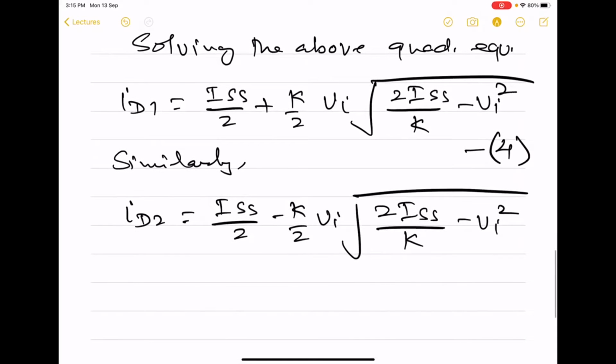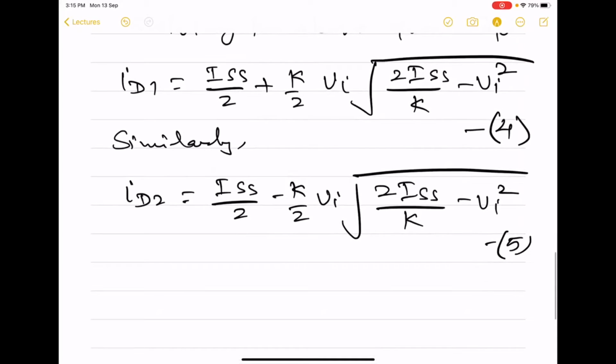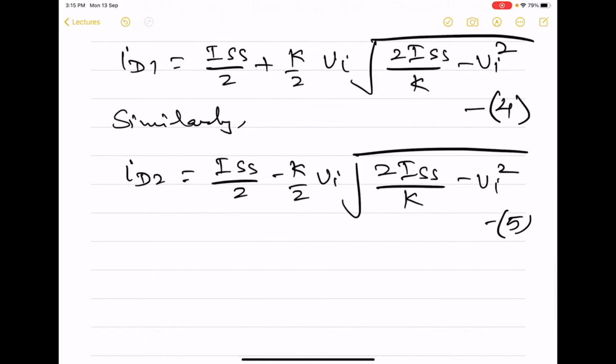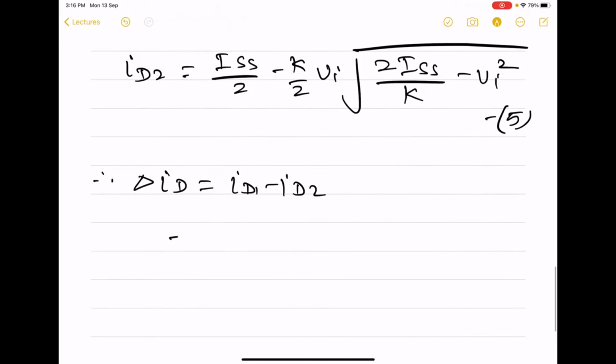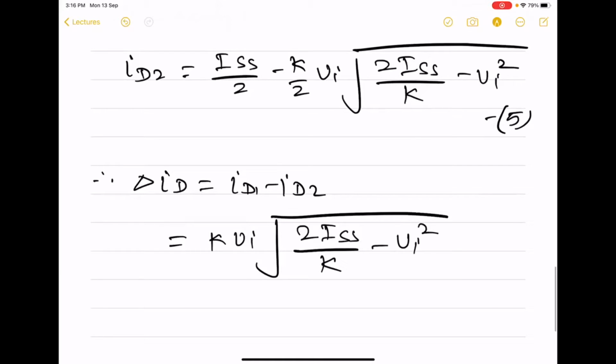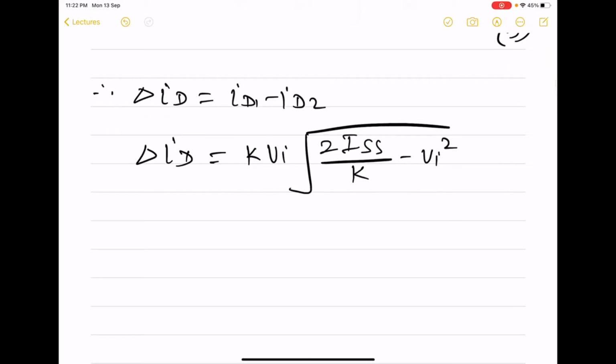Call this equation 4, and this is equation 5. Now we have ID1 and ID2, and we have seen that the output is proportional to the difference of these. So let us find delta ID, which is ID1 minus ID2. This turns out to be K into VI into square root of (2 ISS by K minus VI square). So here we see that the output current depends not only on the input VI but also on the tail current.